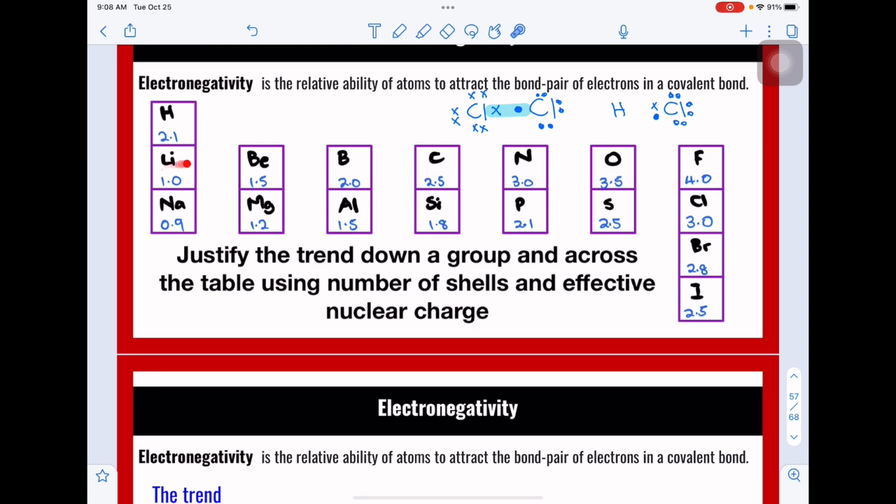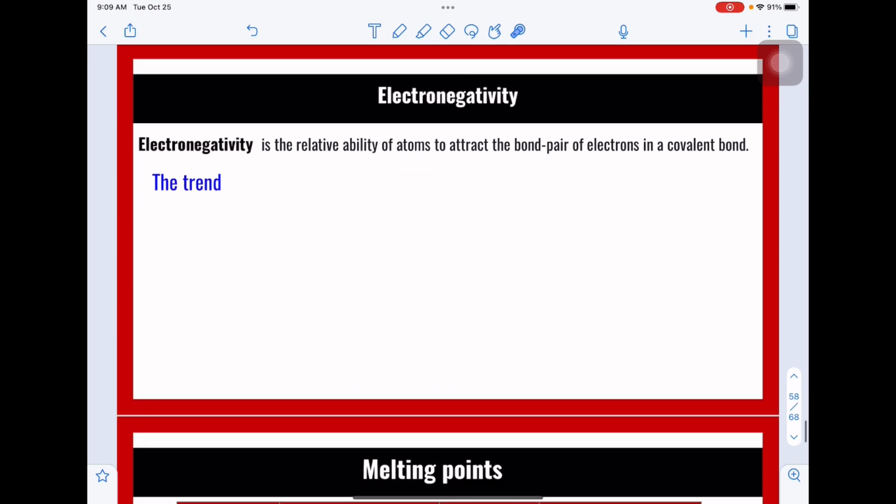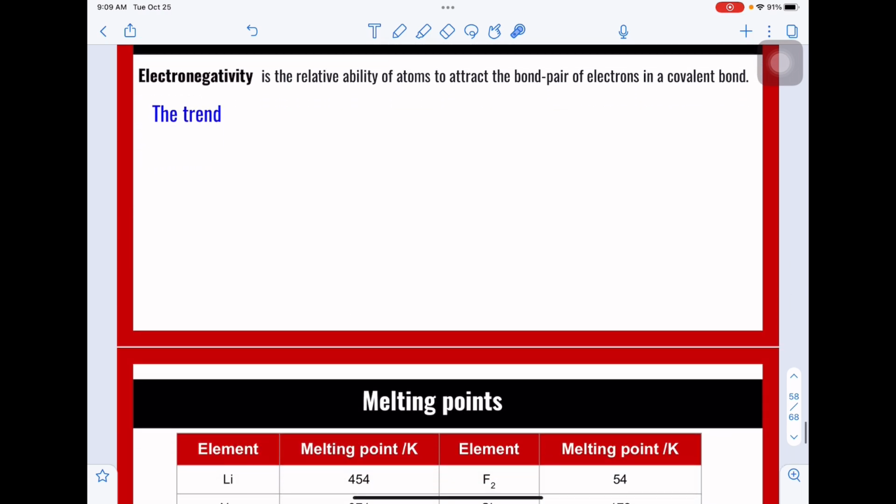Okay, and within a period, as we go across, we have the same number of shells, so the distance to the nucleus is about the same. But what is increasing in this way is effective nuclear charge. And because effective nuclear charge is positive in nature, as it increases, it has ability to pull electrons more. That's why elements on this side, like fluorine, are more electronegative than elements on this side. Okay, so I'll give you a moment here to write the trend and explain it to yourself.